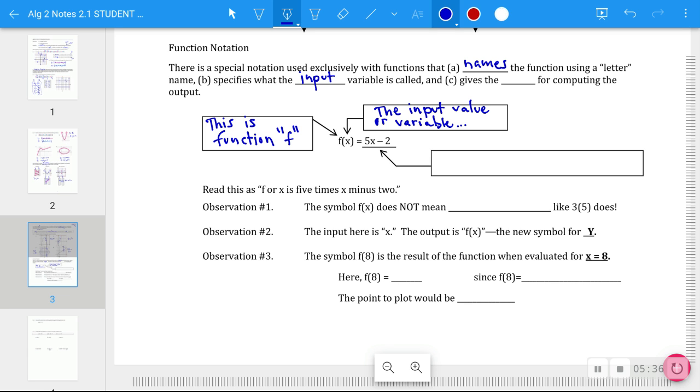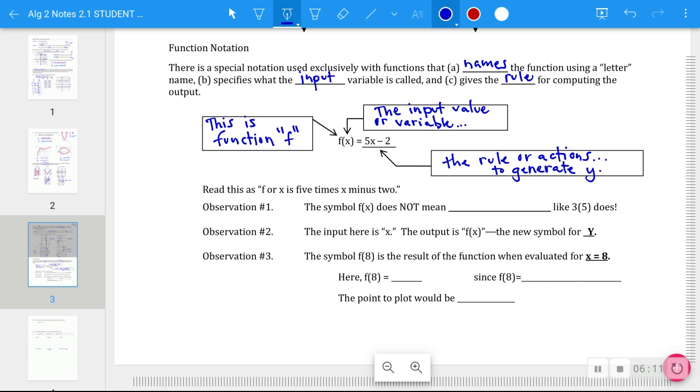So in this case, x is the input. Now on the right-hand side, you have the rule, or the actions. And it tells you what to do to generate the y value. So in this case, if I gave you an x, you would multiply by 5 and subtract 2 to find the y. That's what that means.